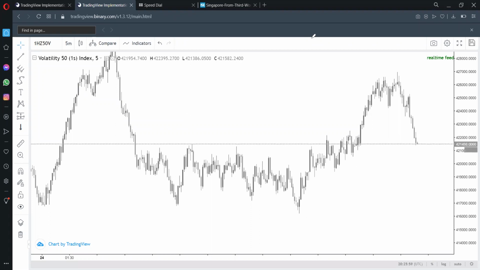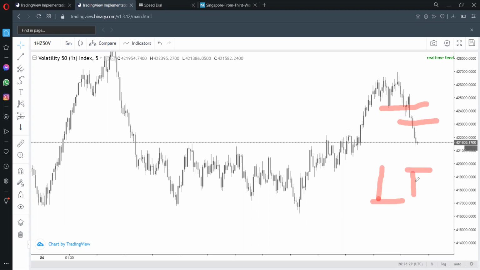So from today going, I'm expecting you all to be able to exercise patience and follow the key levels. Don't enter the market at the wrong time like this. Don't place a trade in the middle of the trend, but place a trade at a key level. That's why you always see my entries below and then above the trend, because as soon as price hits this key level, I'll start placing trades.